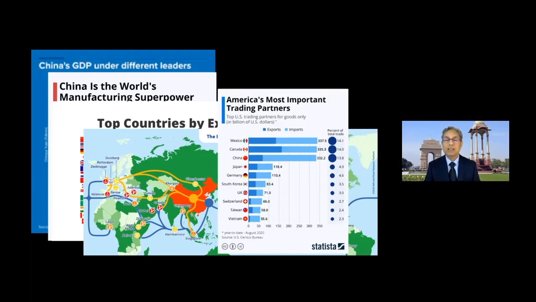But at least in terms of trade, China has already emerged as United States' largest trading partner. This is a chart which is again a little dated, which shows that Mexico is the largest trading partner of United States, followed by Canada, because they had this special free trade agreement called NAFTA, North American Free Trade Area. But China is now overtaking.